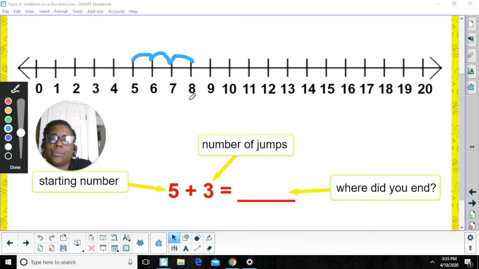What's my answer? 8. And see, in this case, you didn't have to use counters. So now you can choose if you like to use counters more than you like using a number line. Wonderful. You still come up with the same answer, okay?